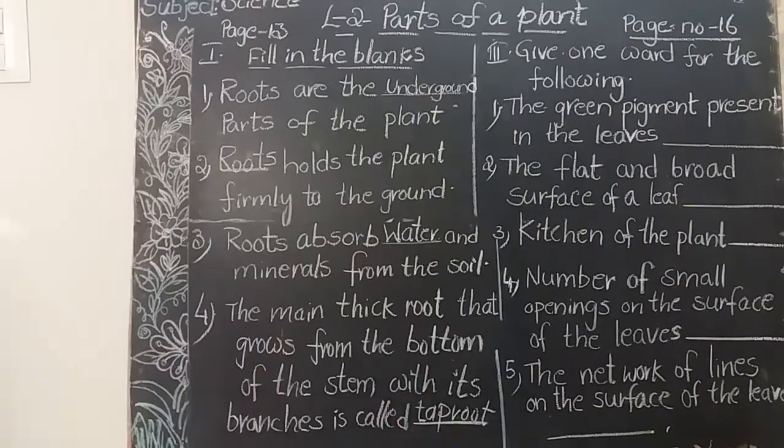Okay, and see here, second question. Why is it false? The stem grows above the ground. Second question: Trees have a soft and green stem called the trunk.